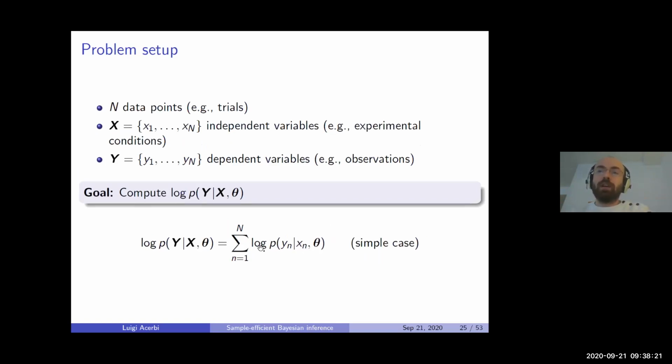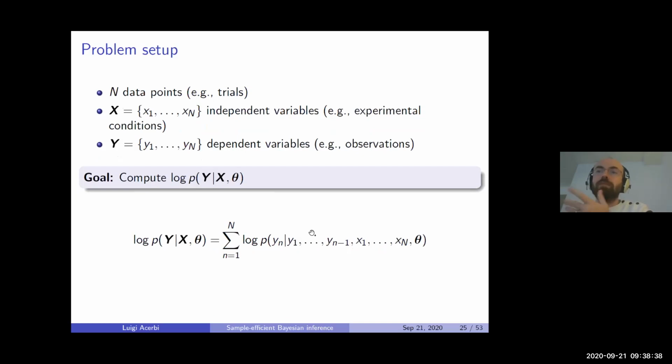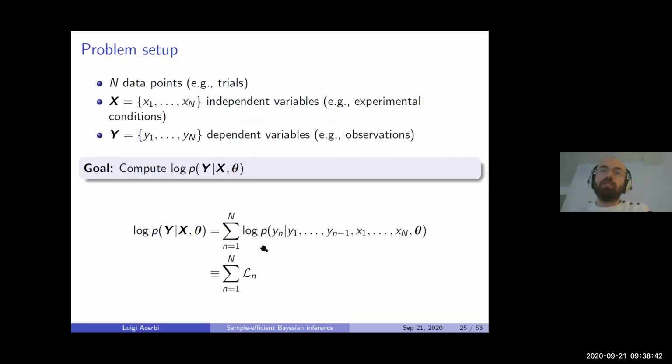In the simplest case, you can think of the sum, for each data point, of the probability of observing yn, given that in that trial xn was the independent variable. This is the simplest possible case, but our method works in the most general case. We can rename this complicated thing as the log likelihood of the n-th data point.